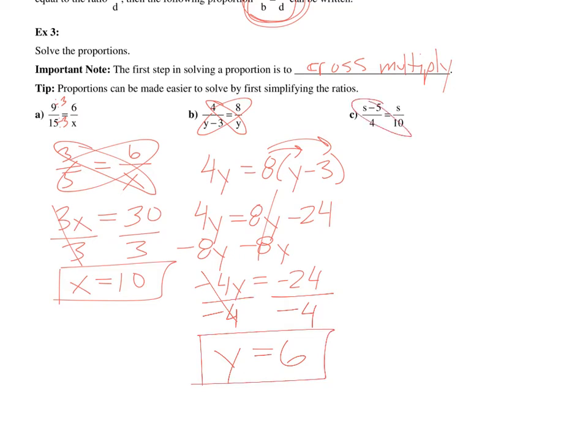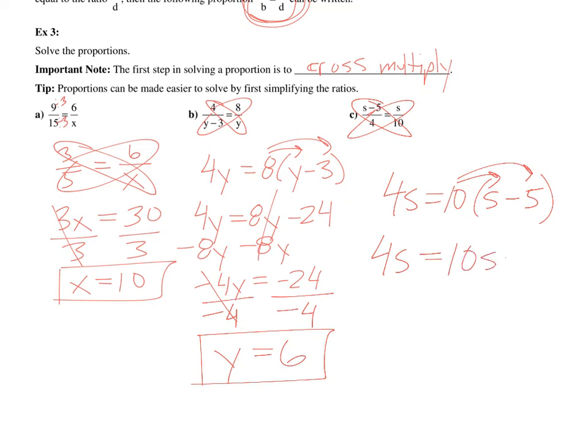All right, cross multiply here. I have 4s is equal to 10 times s minus 5. Cross multiply, or not cross multiply, distribute. So I have 4s is equal to 10s minus 50. Subtract 10s.